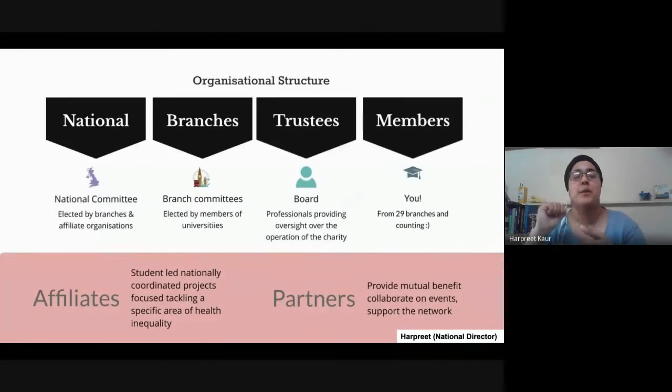And we've got lots of partners as well. So these are organizations such as THET, which is Tropical Health and Education Trust. And this year, for example, we did Universal Health Coverage Day at LSE with them. We ran a really amazing campaign.